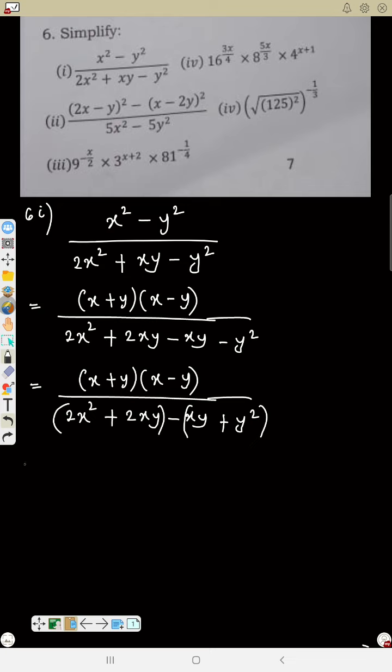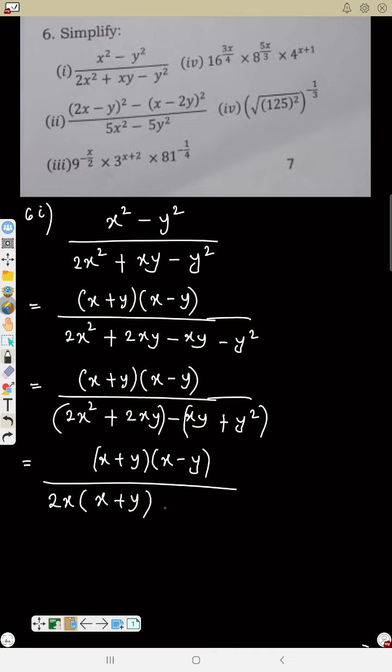So now what is common? So this will be x plus y, x minus y. Now what is common in the denominator? 2x is common, so it will remain x plus y, minus what is common here, y, to remain x plus y.